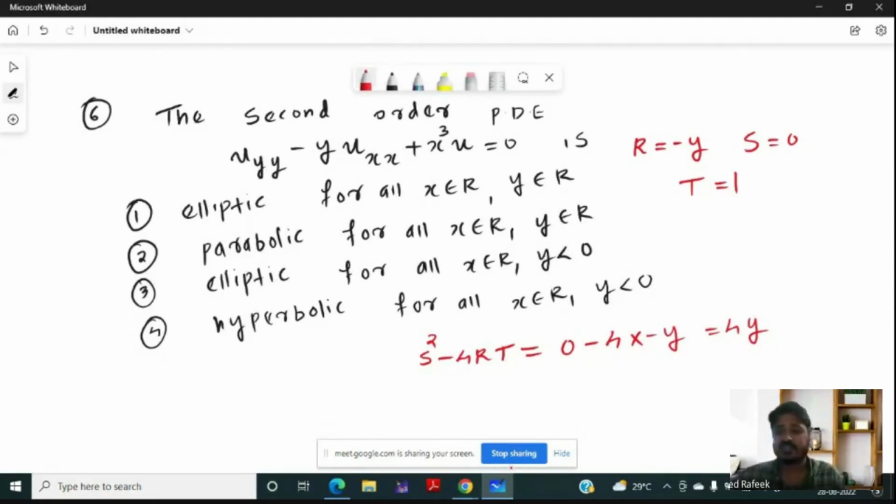Whenever 4y is less than 0, since 4 is always greater than 0, y should be less than 0, for all x any number. I think option 3 is the correct answer. Elliptic for option 1 is wrong. Parabolic, no, it is not parabolic. Hyperbolic, no, whenever y is less than 0 it is elliptic only. So option 3 is correct. Correct?